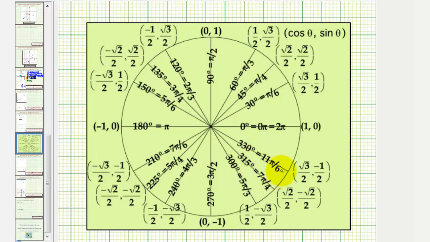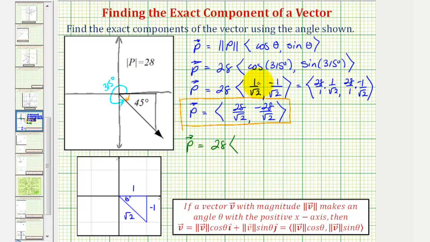So cosine 315 degrees is equal to square root 2 over 2, and sine 315 degrees is equal to negative square root 2 divided by 2. So it's the same values we found up here, it's just they're rationalized on the unit circle. So the result will look different. We would have square root 2 over 2 here, and negative square root 2 over 2 here.